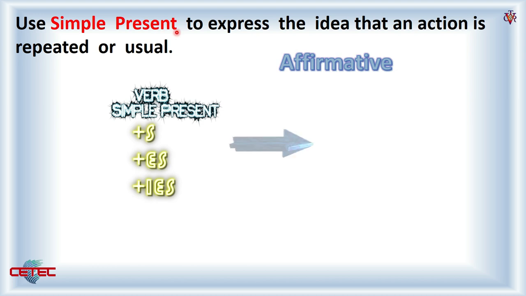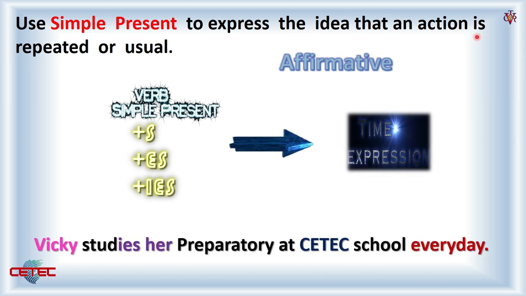Use simple present to express the idea that an action is repeated or usual. He, she, it. Verb in simple present. Don't forget rule number 1, 2, and 3, plus a time expression. Let's see this example. Vicky studies.